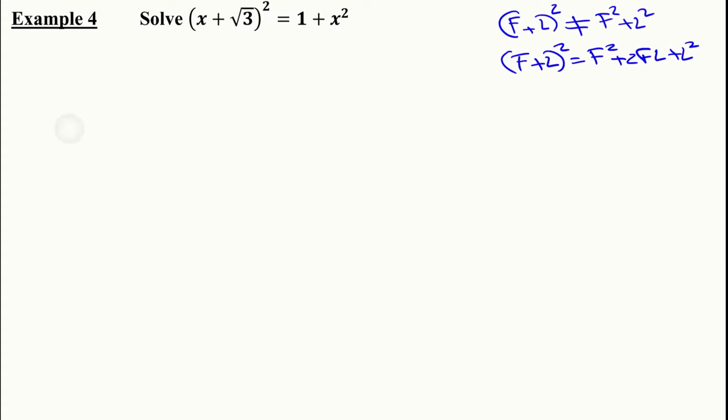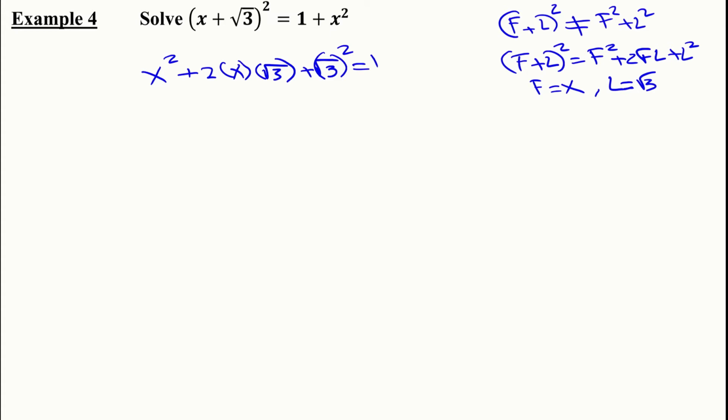So now here f is being played by x, and l is being played by square root of 3. So basically we get x squared plus 2 times x times radical 3 plus square root of 3 squared equals 1 plus x squared.